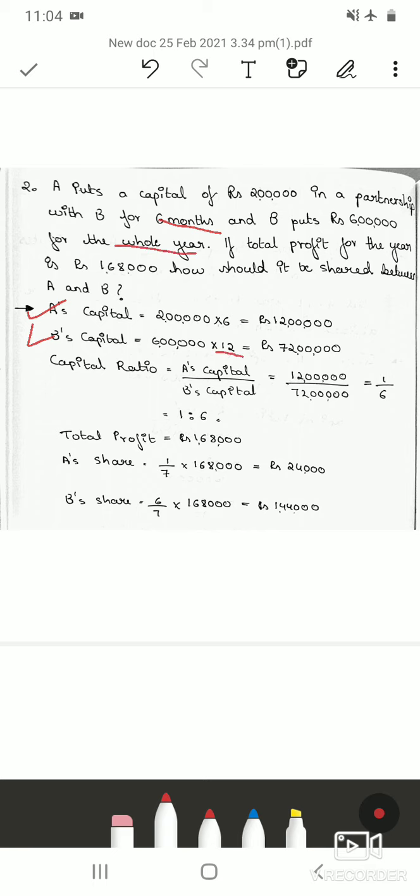Why 12? Because they have given B puts 6 lakhs for the whole year. So in 1 year there are 12 months, therefore B's capital will be 6 lakhs into 12, which is rupees 72 lakhs. So we got A's capital and B's capital. We can find the capital ratio, which is A's capital by B's capital.